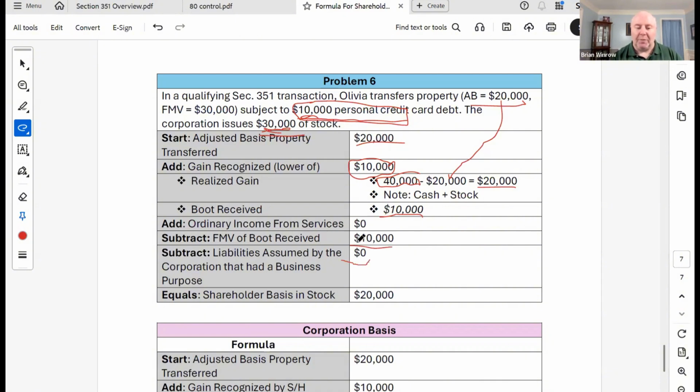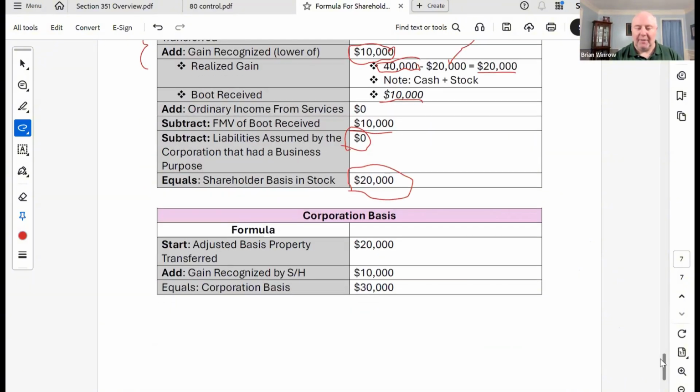There were no business purpose liabilities, so that was 0. So 20 plus 10 is 30, minus 10, our basis in the stock is now $20,000. And for our corporation, it's the first two steps: 20 plus 10 equals $30,000.